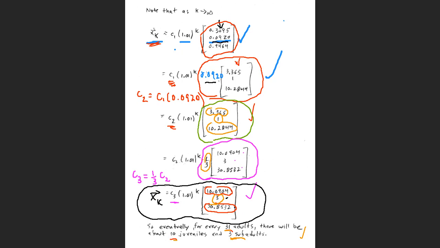So that tells you that being a subadult is sort of a transitional stage, in terms of the stages of the owl: juvenile, subadult, and adult. When the owl becomes a subadult, why do you think the number is less than the juveniles?